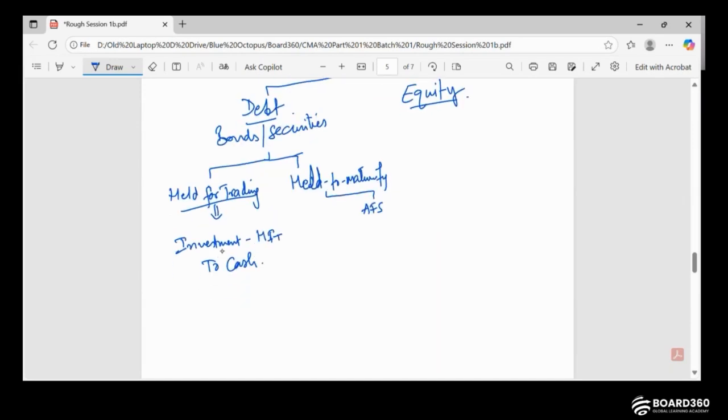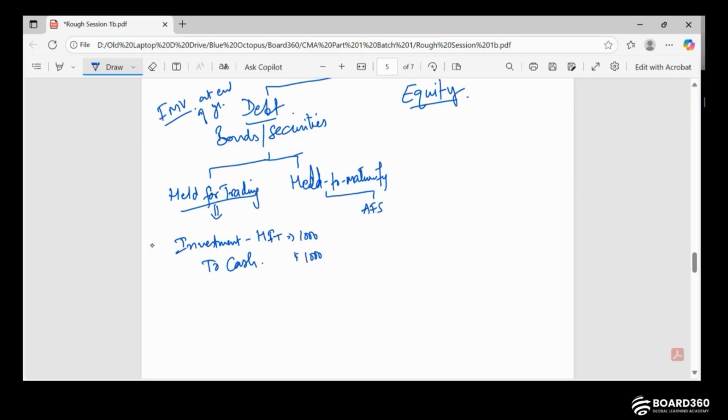Now, what happens? These securities which are held for trading are reported at fair market value at the end of the year. So, for example, let's say you bought this investment for $1,000, right?